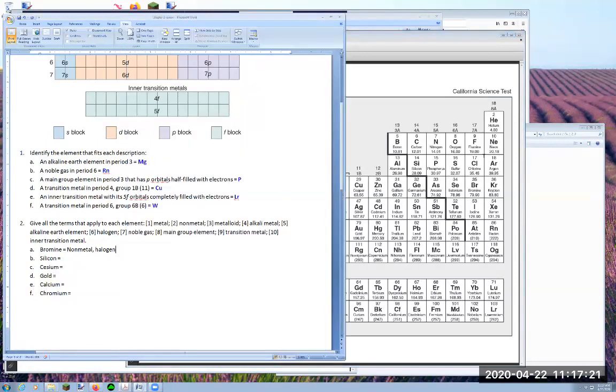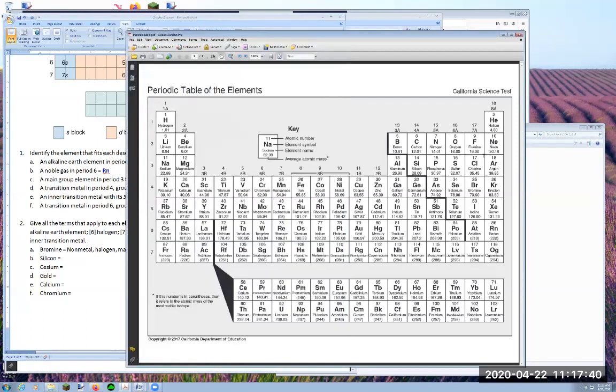Now, is it a main group element? Yes, it's a main group element, because it's in the A group. Remember, the main group elements are those in the A groups, 1A, 2A, and 3A to 8A.